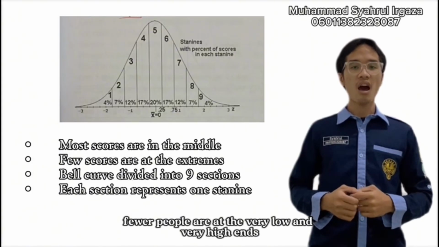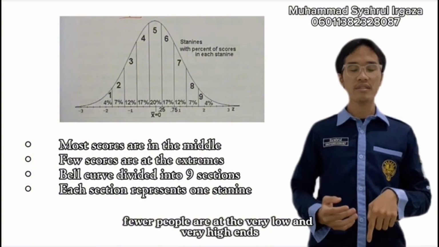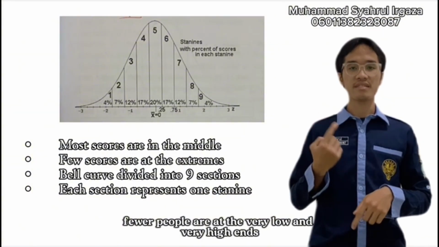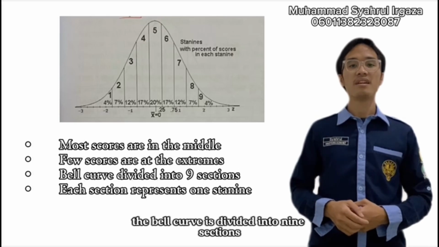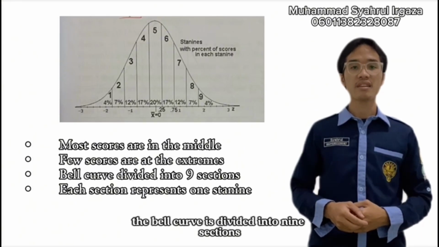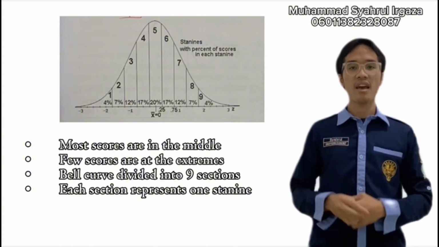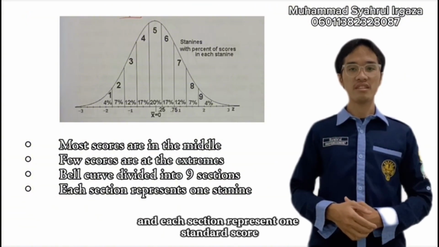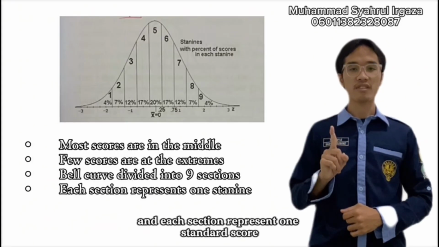Fewer people are at the very low and very high ends. The bell curve is divided into 9 sections, and each section represents one stanine score.